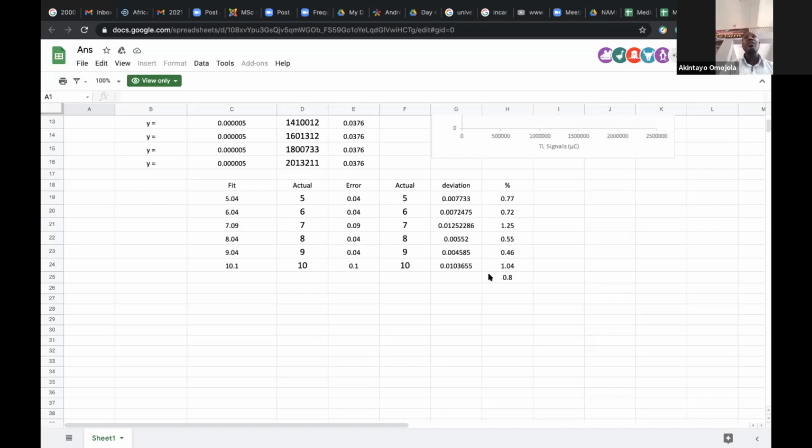For the diagnostic range, this deviation is possible, but a bit difficult to achieve because of several uncertainties that occur with your TLD chips, even in the SSDL lab, such as uncertainty during annealing.